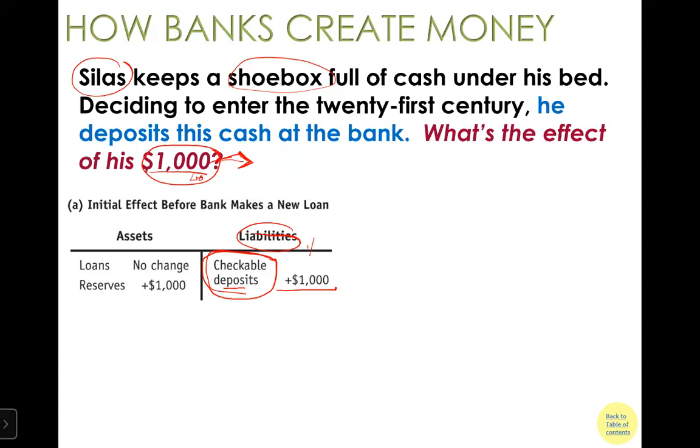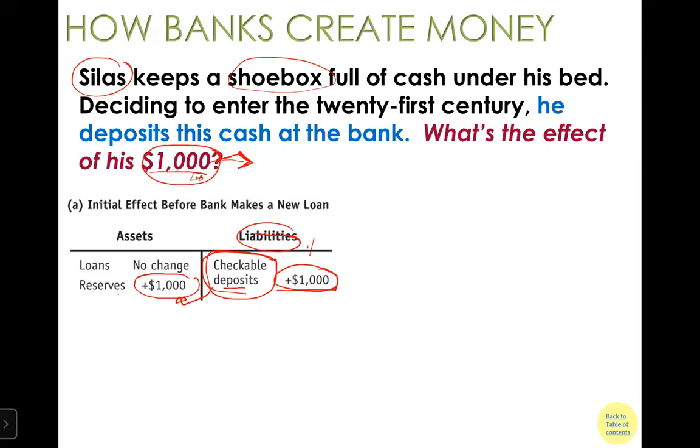Right? Okay, so now if we have a reserve ratio of 100%, then the bank must keep all of this 1,000 either in their own vault, or they just put this $1,000 in a safe place at the central bank, which is the Federal Reserve.